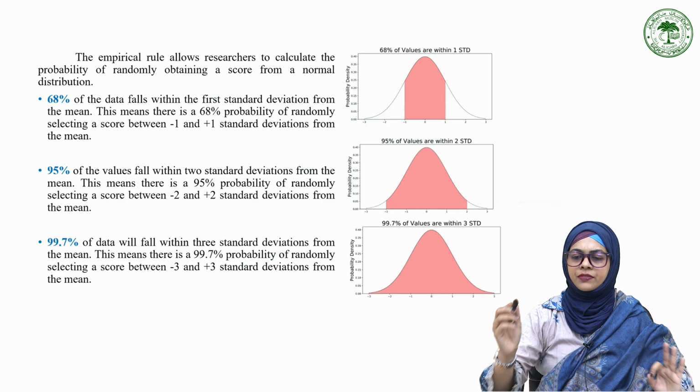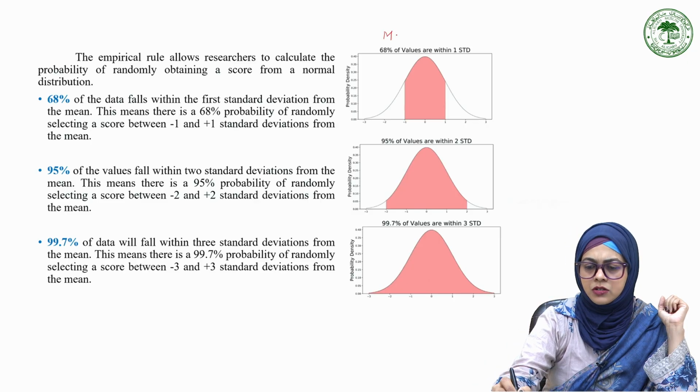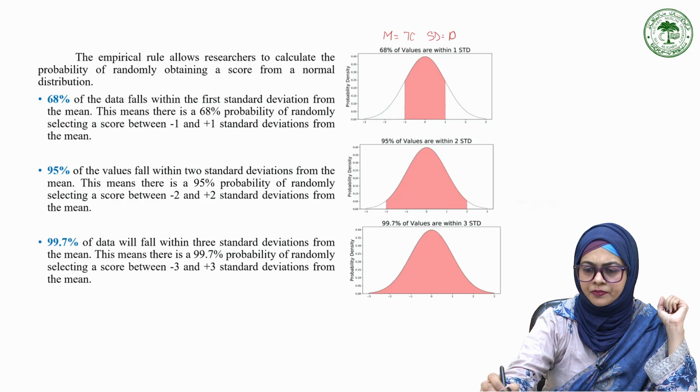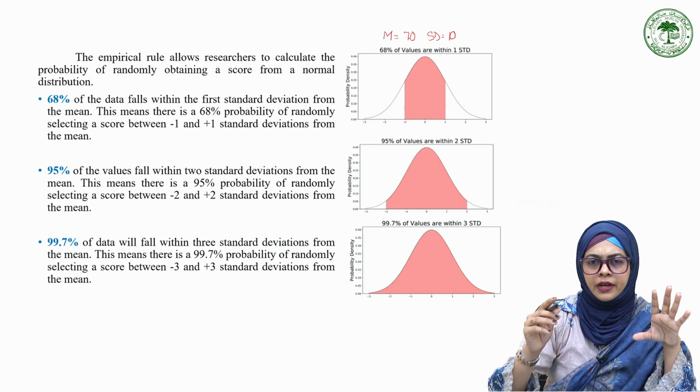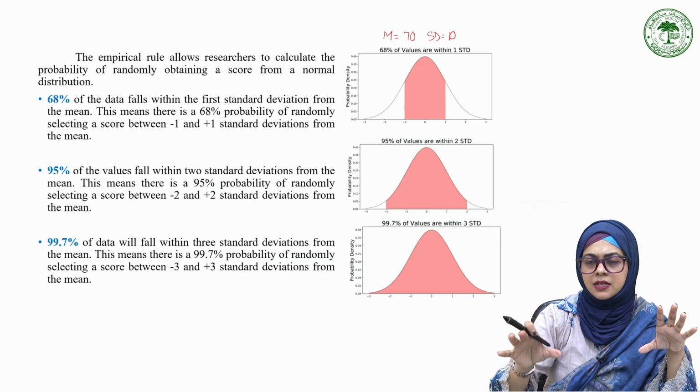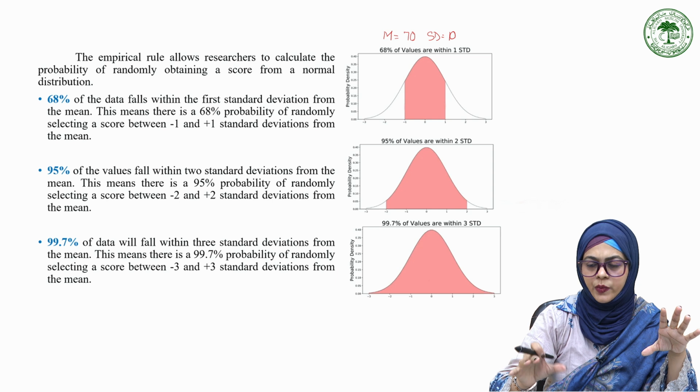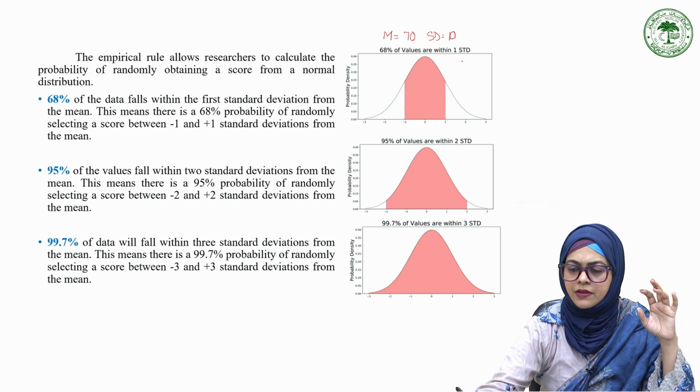For example, if the mean scored by the students is 70 and the standard deviation, SD, is 10, right? So, according to the empirical rule, 68% would score between 70 plus and minus 10. So we'll have a range between 60 to 80.